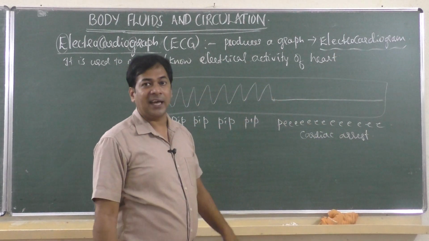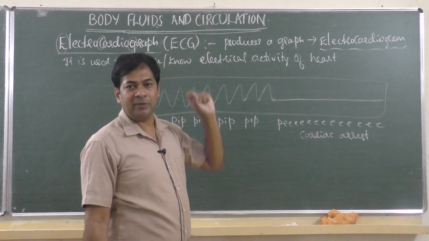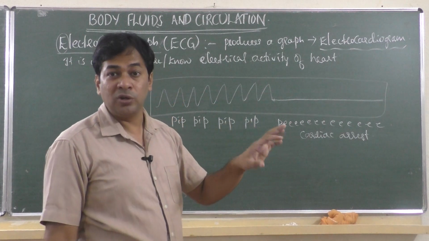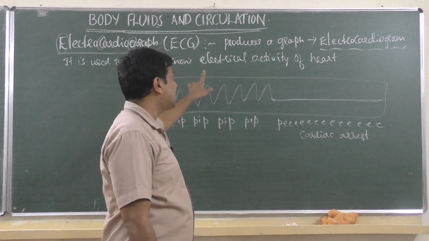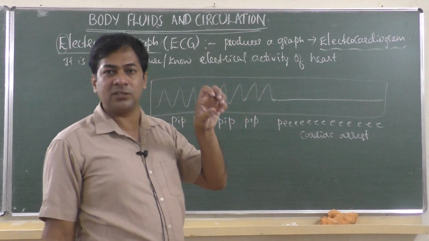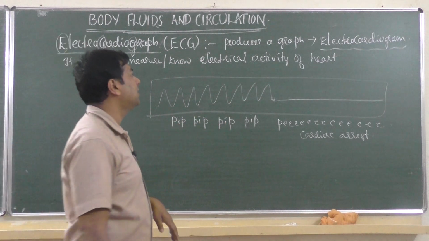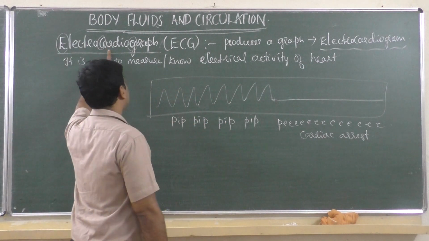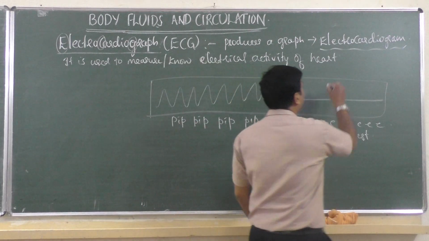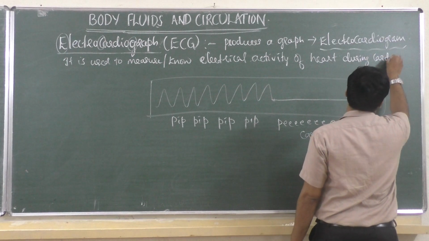Because the SAN, sinoatrial node, and the AVN, atrioventricular node, in the atrium and ventricle, release an electrical signal, that is, an action potential through neurons, and that electrical signal is required for contraction and relaxation of the heart. If contraction and relaxation happen, then only the heart is functioning properly. That is why electrocardiograph is used to measure the electrical activity of the heart during the cardiac cycle.